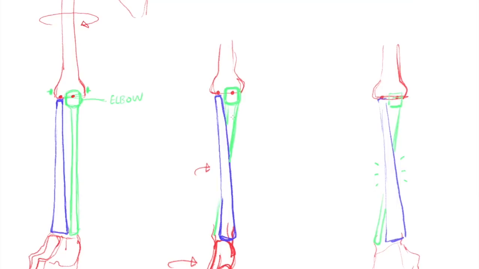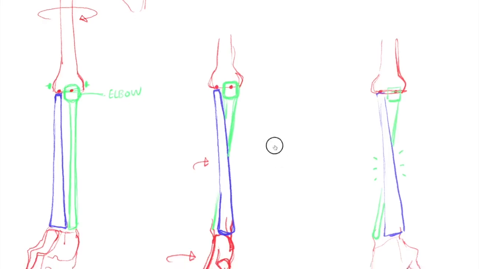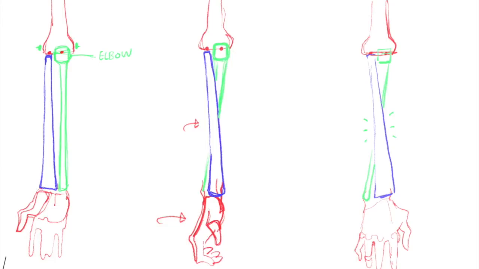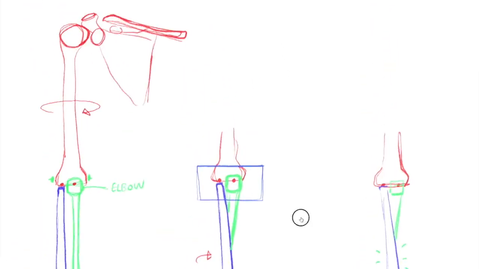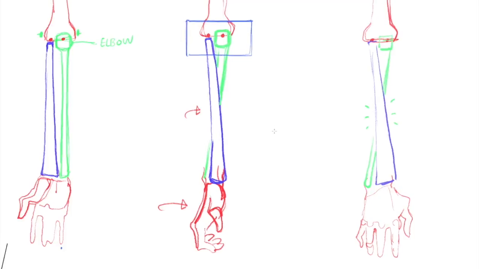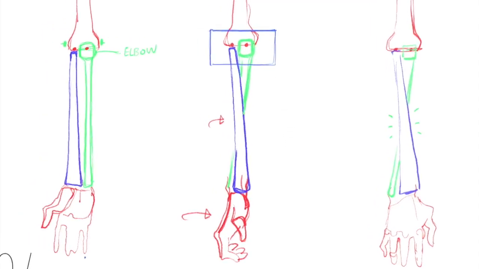Your forearm, these two bones start to collide and cross each other. So the elbow bone, which is connected to the pinky area, is going behind. Meanwhile, let's pretend the upper arm doesn't rotate and stays still. The top area stays the same, but you can see how the bones start to cross each other.